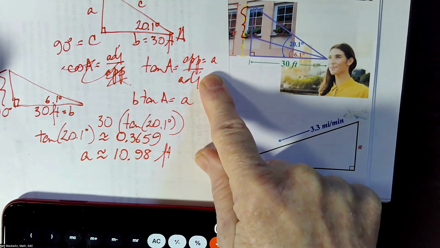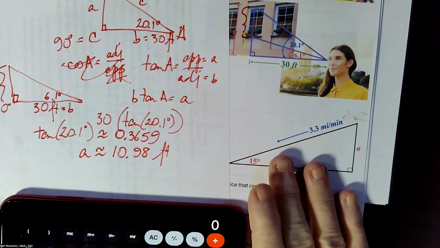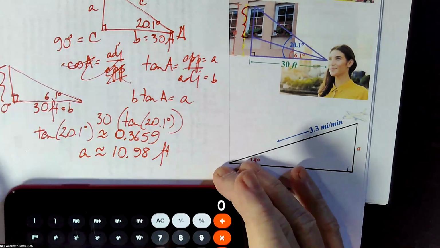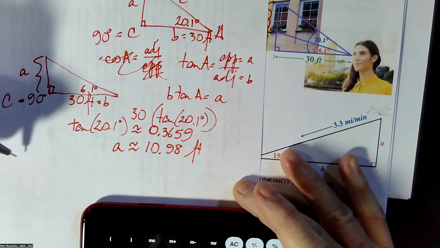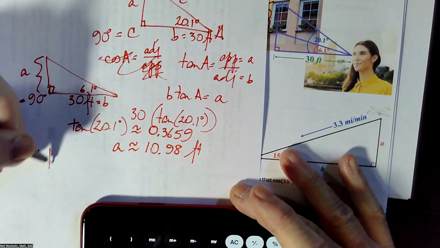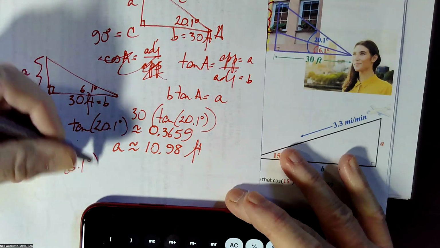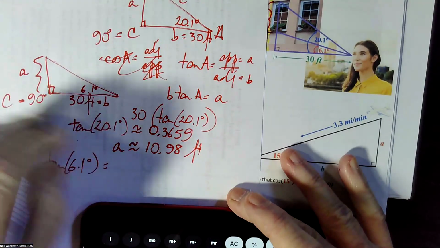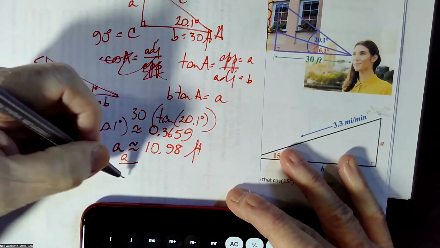And we know that angle C is 90. So we're going to use tangent again. The tangent of 6.1 degrees is opposite over adjacent.